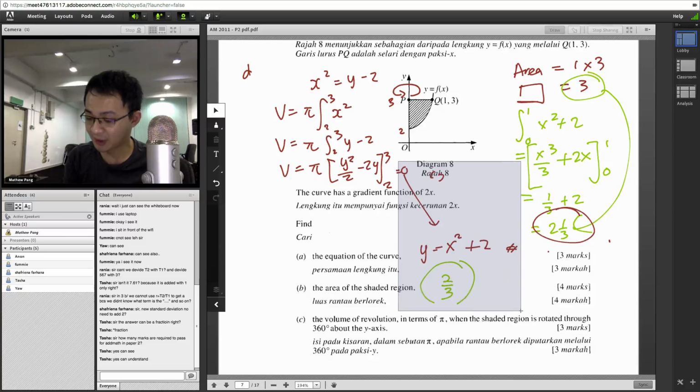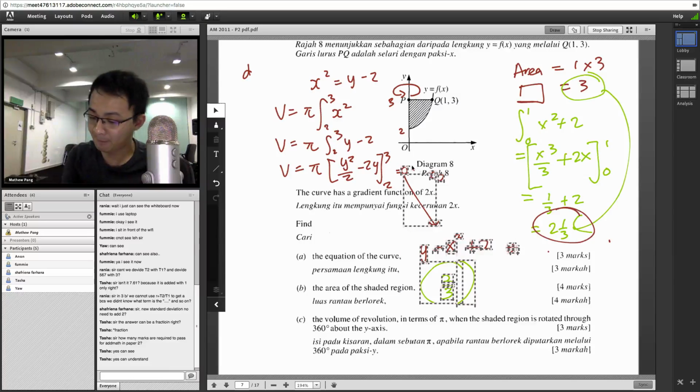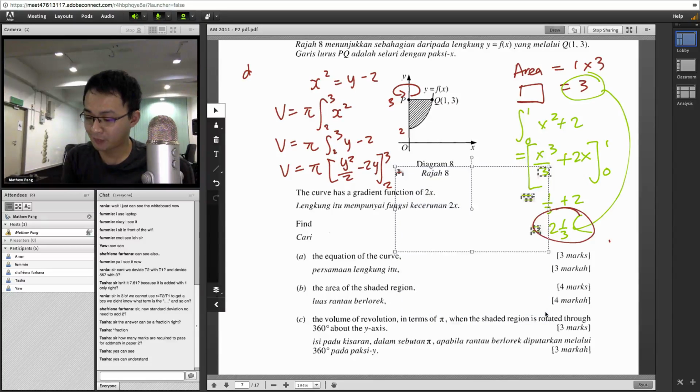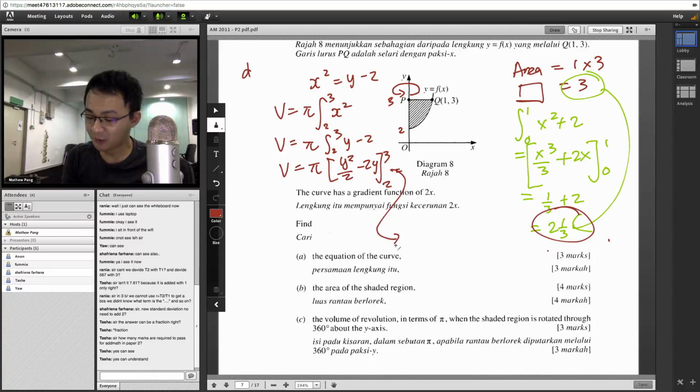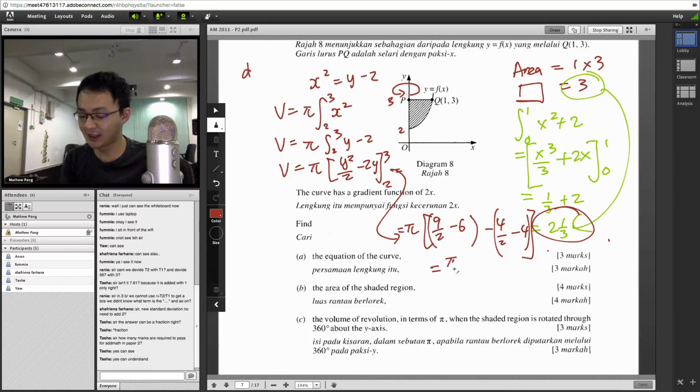Let me erase this whole thing. If I substitute in, I'll leave the pi outside definitely. 3 will become 9 over 2 minus 6, minus, substituting 2, 4 over 2 minus 4. Then you just solve this one and you can easily get the correct answer.